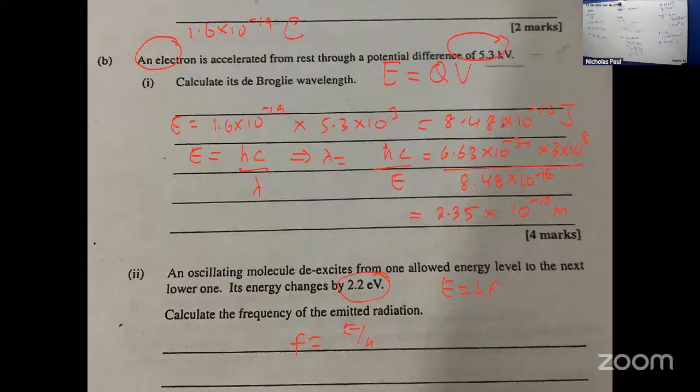What's the problem here with the E value? It's in electron volts, right? How do you go from electron volts to joules? Multiply by 1.6 by 10 to the minus 19. Very good. So that'll be 2.2 by 1.6 by 10 to the minus 19.